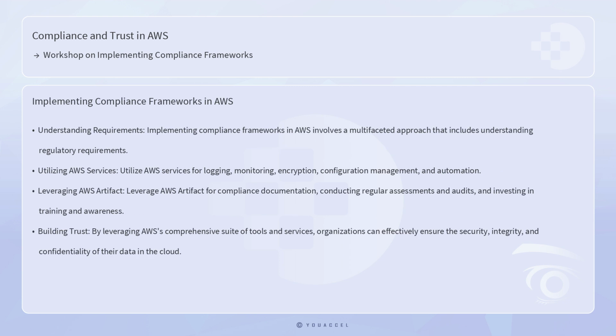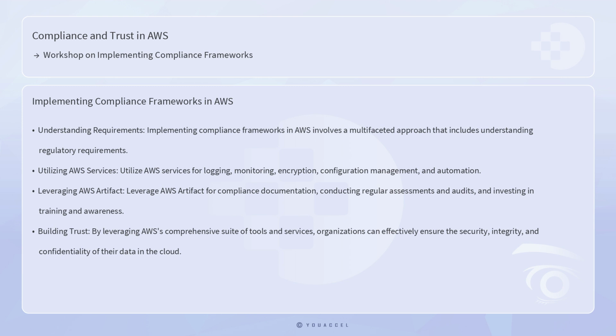In conclusion, implementing compliance frameworks in AWS involves a multifaceted approach that includes understanding regulatory requirements, utilizing AWS services for logging, monitoring, encryption, configuration management, and automation, leveraging AWS Artifact for compliance documentation, conducting regular assessments and audits, and investing in training and awareness.